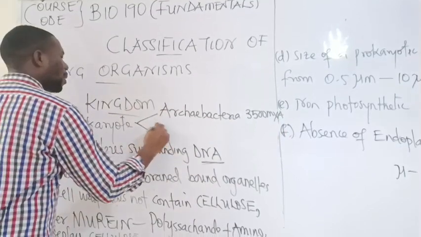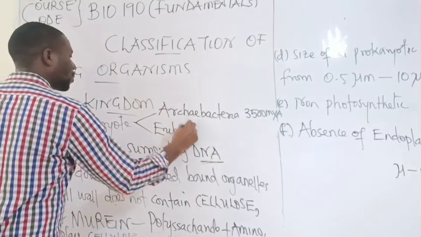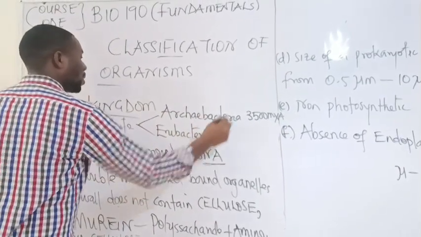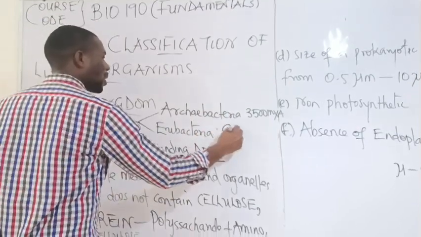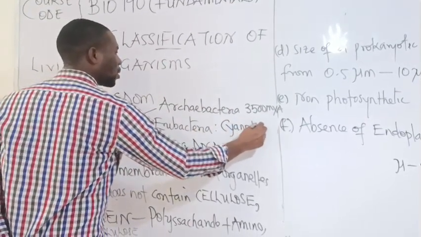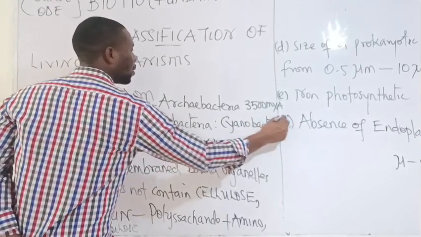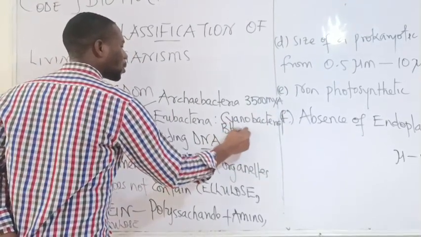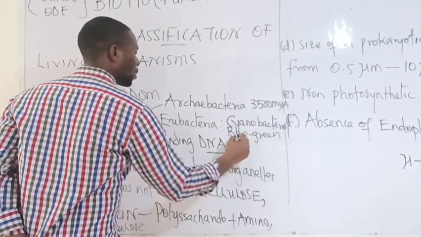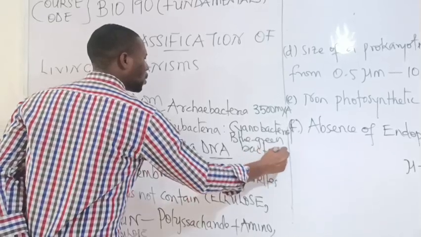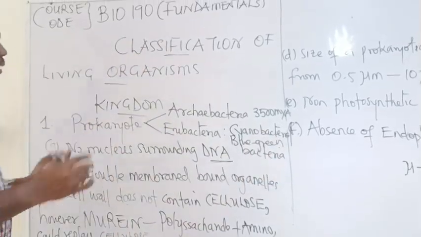Then of course we have the eubacteria, an example of which is your cyanobacteria, also called the blue-green bacteria.